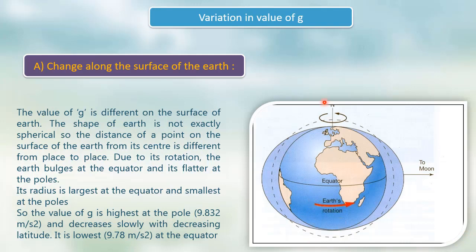At the pole, the value of g is highest, and at the equator, the value of g is low. So it is 9.78 at the equator, and at the pole it is 9.832.